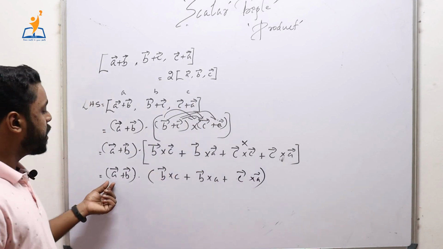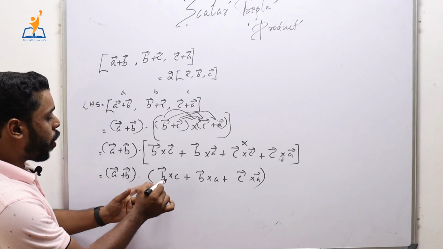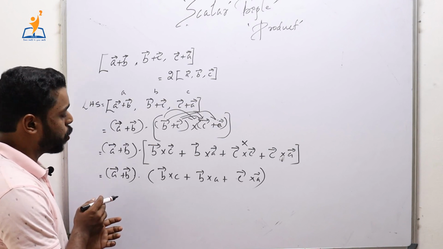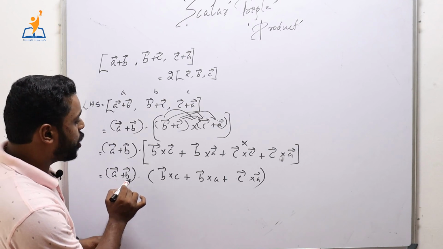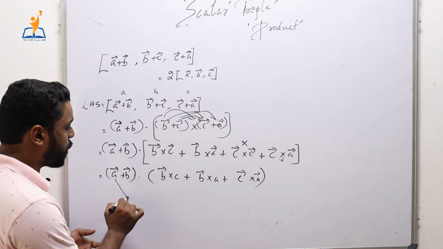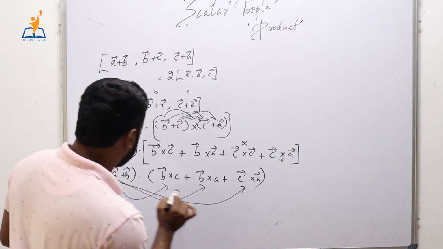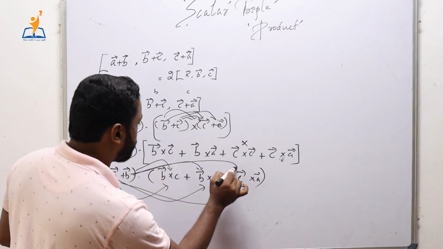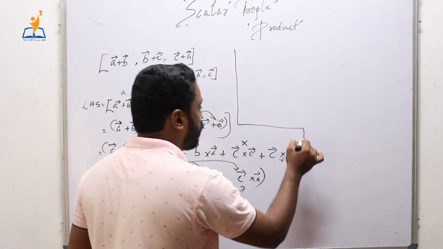Now we can evaluate the dot product using the distributive property of the dot product, just like in the previous class. A into this and A into this, then B into this and B into this. Let us check what happens.